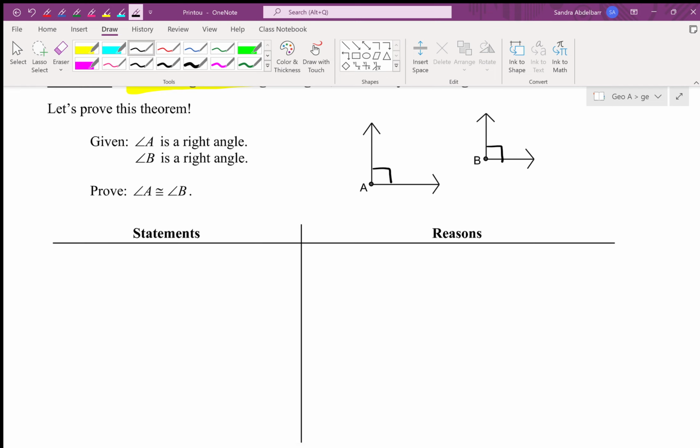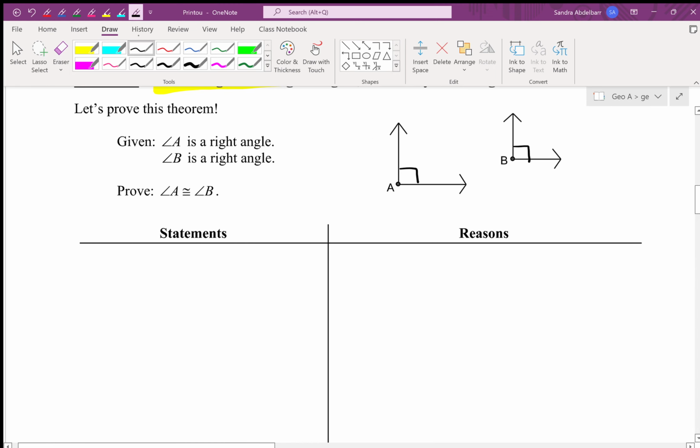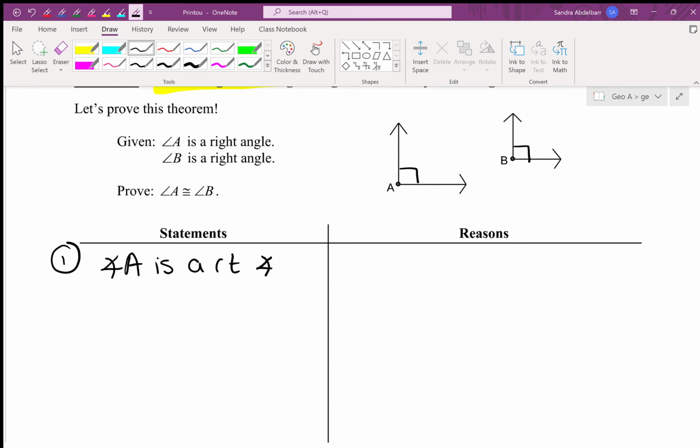We've labeled our diagram. No matter what kind of proof I'm giving you, your very first step will always be to list your given information. So angle A is a right angle.